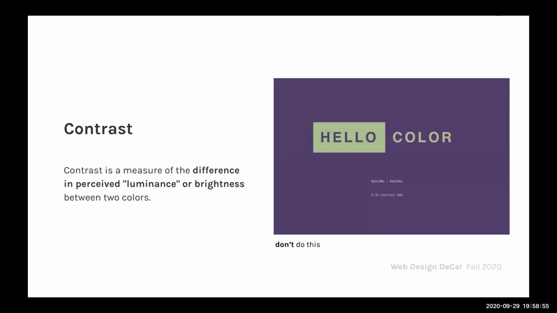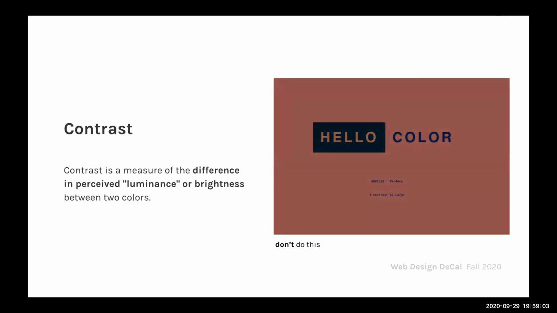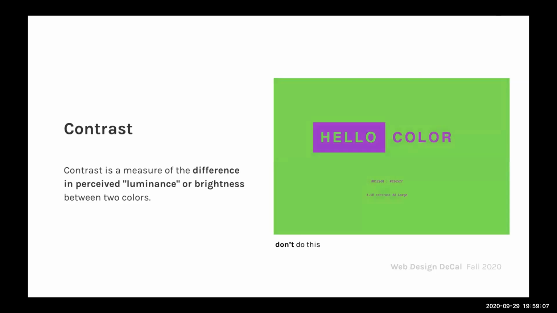Contrast is a super important thing. The GIF on this side has such blinding colors. You don't want to do that. But basically contrast is a measure of the difference in perceived luminance or brightness between two colors.